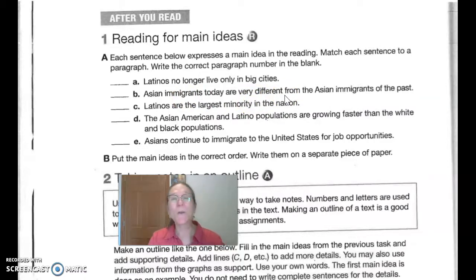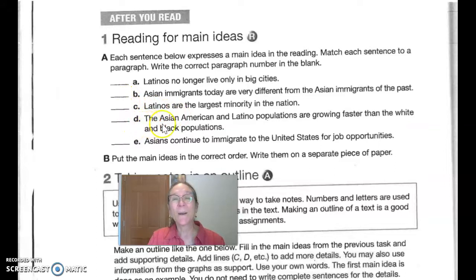I think that's paragraph 4, right? Yeah, I think so. And then for number C, Latinos are the largest minority in the nation. That was paragraph, what do you think? Paragraph 2? Yes. Okay, you were right. So put number 2 here next to C.